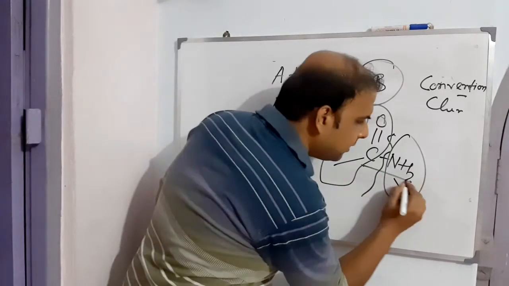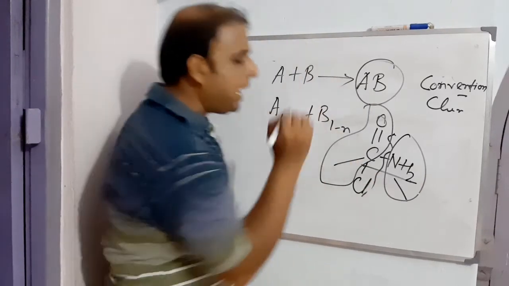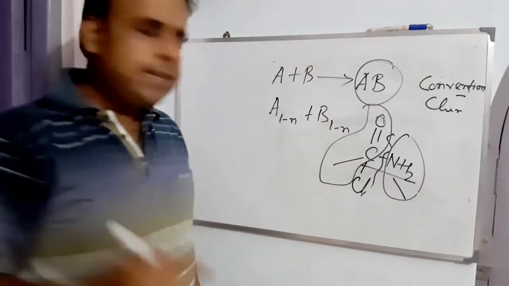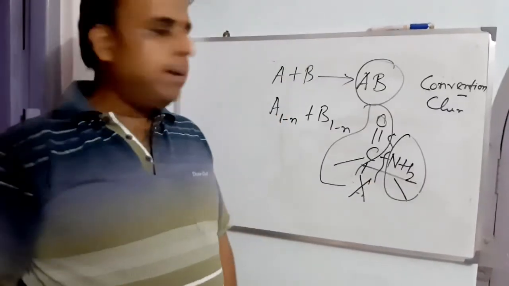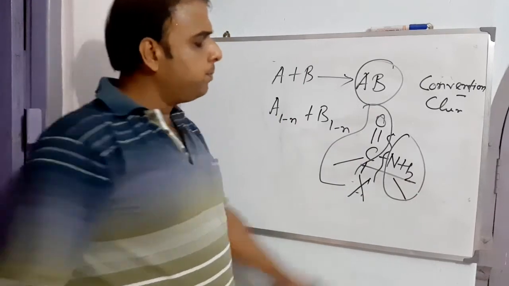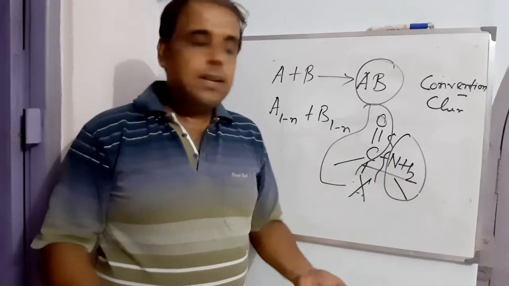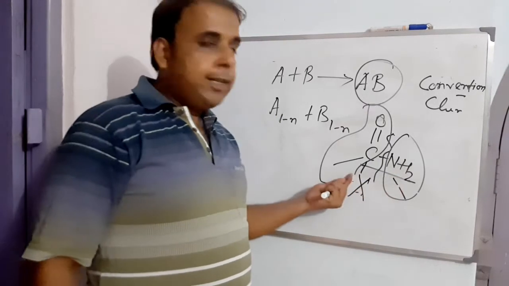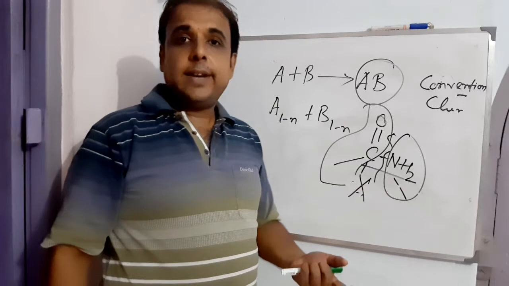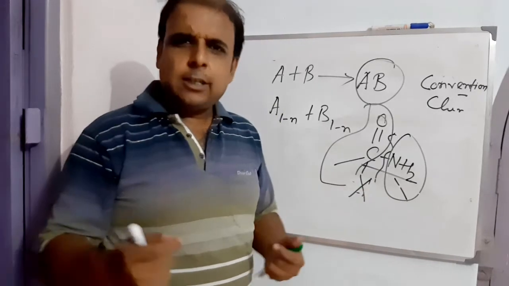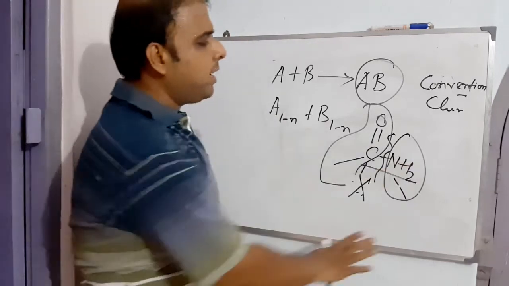One may be an amine, the other may be an aryl halide or alkanoyl halide. I'll put here X; X can be chloro, bromo, anything. And here you insert one hydrogen to make it an amine. When an amine reacts with a derivative of carboxylic acid, we can expect the formation of an amide. So this is the way an amide will get formed.